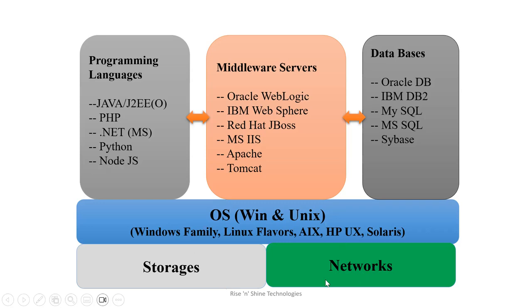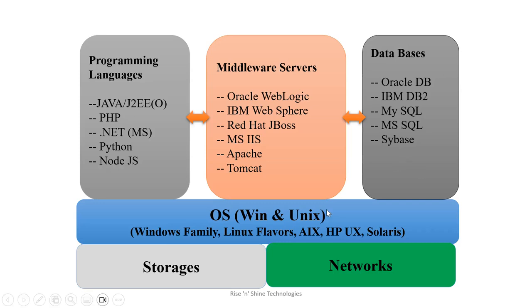Yeah, if we set up the infra and a platform, and once all are ready and the application has been deployed on the middleware servers and the application schema is loaded on the database, then your application is ready. Application is nothing but that software is ready. Rise and Shine Technologies, that's the app or software that is ready.